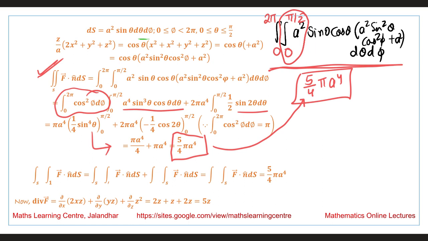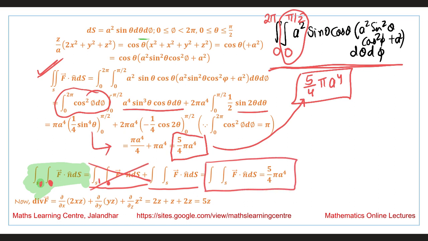So the final value of the integral over the surface S1 is equal to the value of the integral over S dash plus the value of the integral over S. The value of the integral over S dash is 0. So the value of the integral over S is 5 by 4 pi a raised to the power 4.